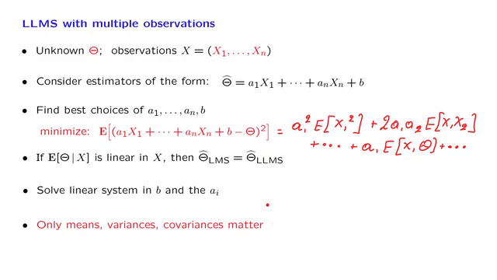Finally, if we do not have just one unknown random variable, but we have multiple random variables that we want to estimate, what should we do? Well, this is pretty simple. You just apply this estimation methodology to each one of the unknown random variables separately. To conclude, this linear estimation methodology applies also to the case where you have multiple observations.